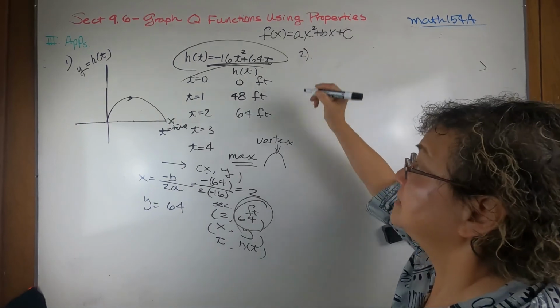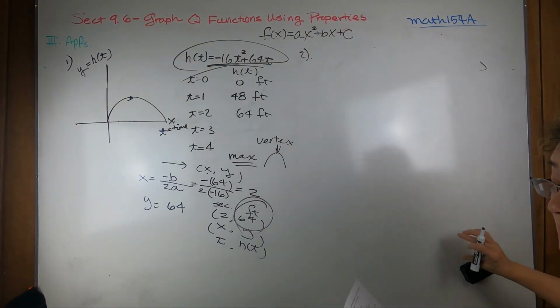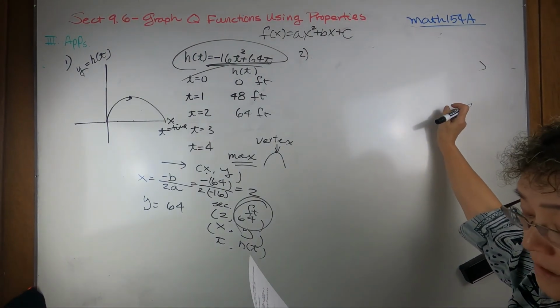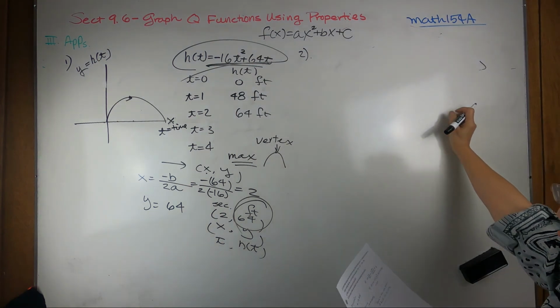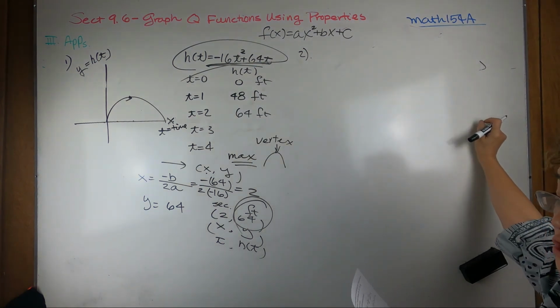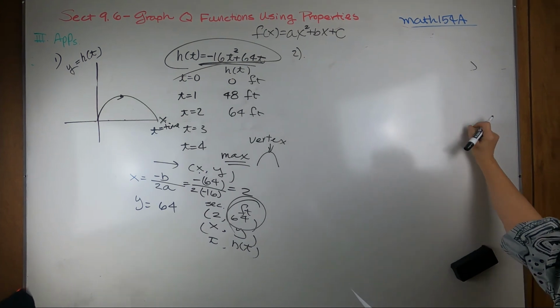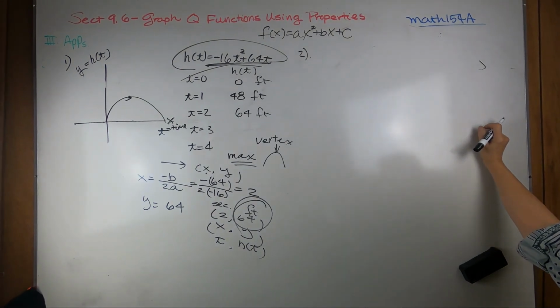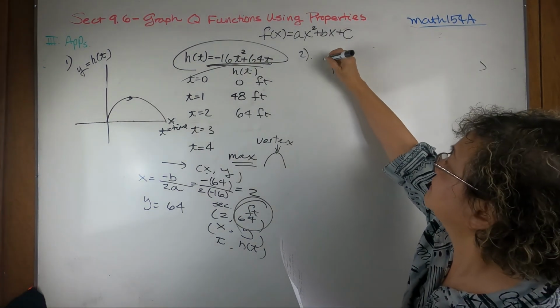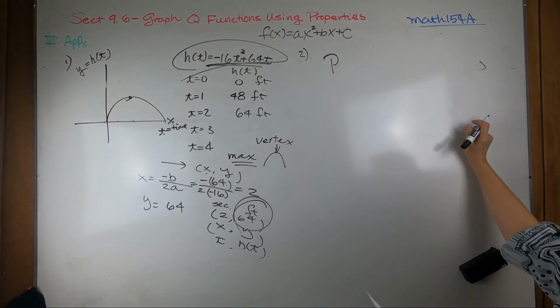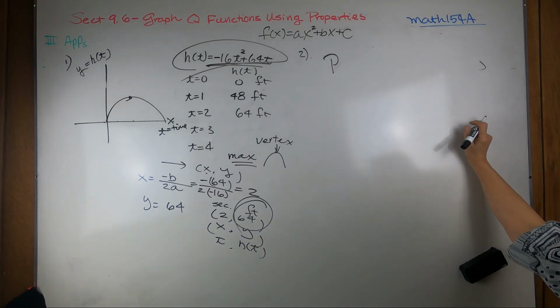Okay, let's look at another application. On your page 22, it says, a chain store manager has been told by the main office that daily profit, P, profit, okay, is related to the number of clerks working that day.